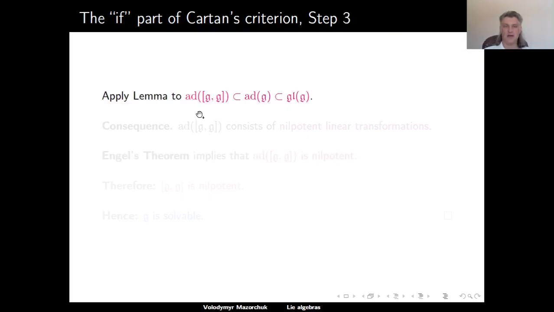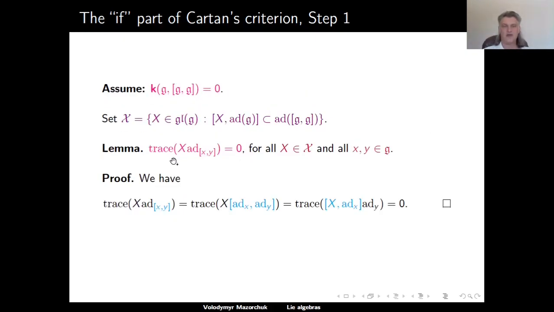We apply our lemma to the situation where we have GL of G with two subspaces, the image of G under the adjoint representation and the image of the derived algebra under the adjoint representation of G. Recall that we have proved that the trace of the product of each element x from this space with the adjoint operator related to any element of the derived algebra is 0.